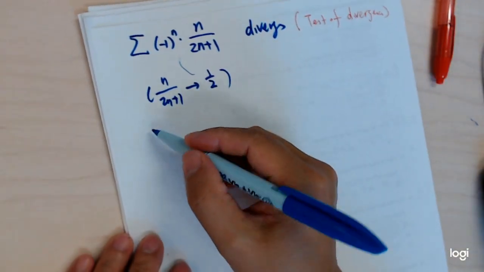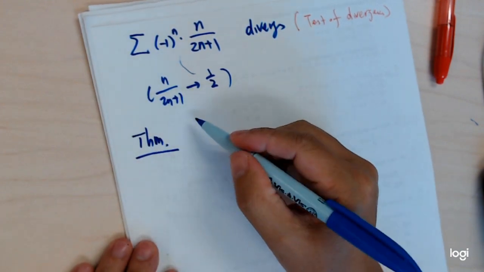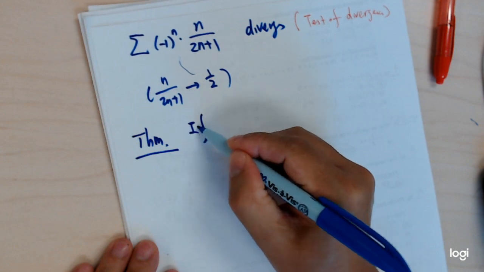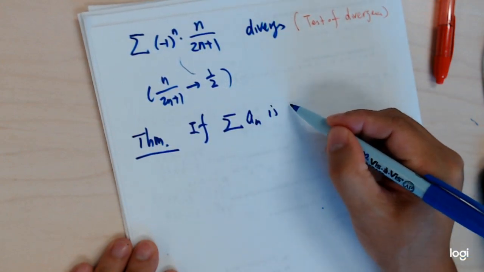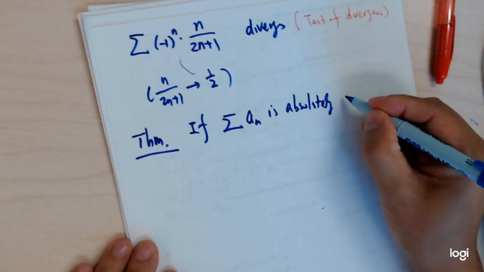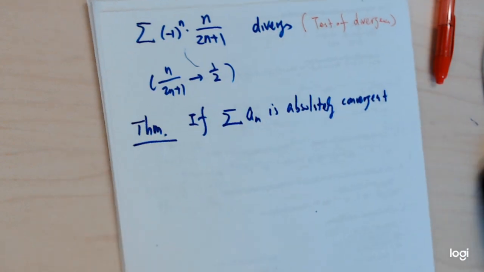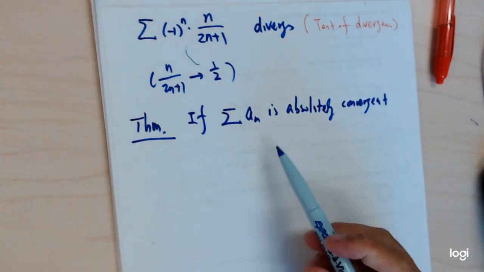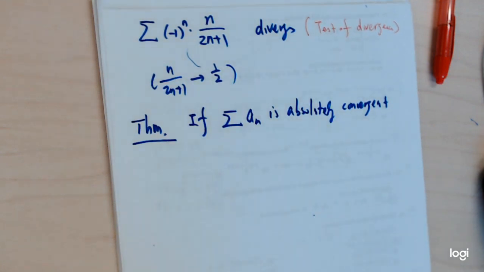So now let's move on to some results. If the series itself is absolutely convergent, think about what that means. That means if you take the absolute value of all the terms, that new series converges.